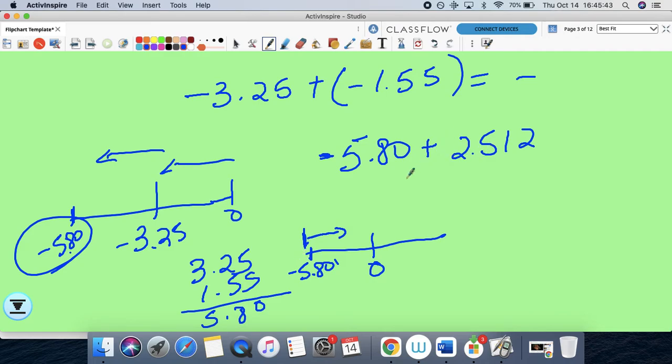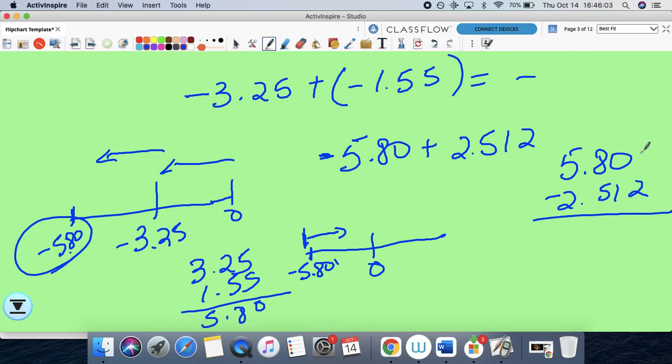From the absolute value of 5.8, I'm going to subtract 2.5, the distance from one to the other. So here's 5.80. From that, I'm going to subtract 2.512.